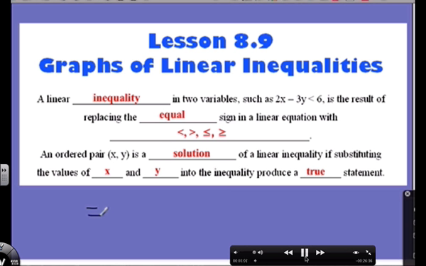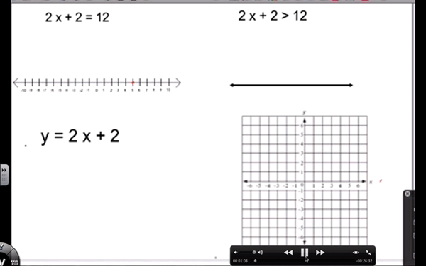Okay? Now, let me take you back down memory lane a little bit. We started off solving equations. Equations because of the equal sign. So what we would do is isolate the variable and we would find out that x equals 5.